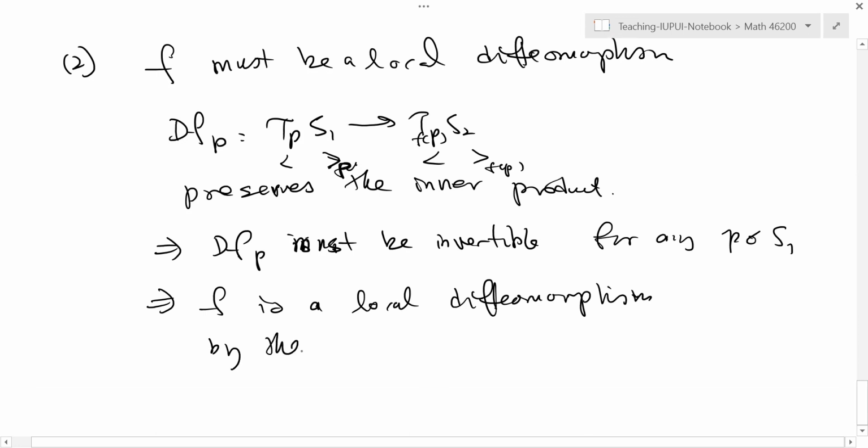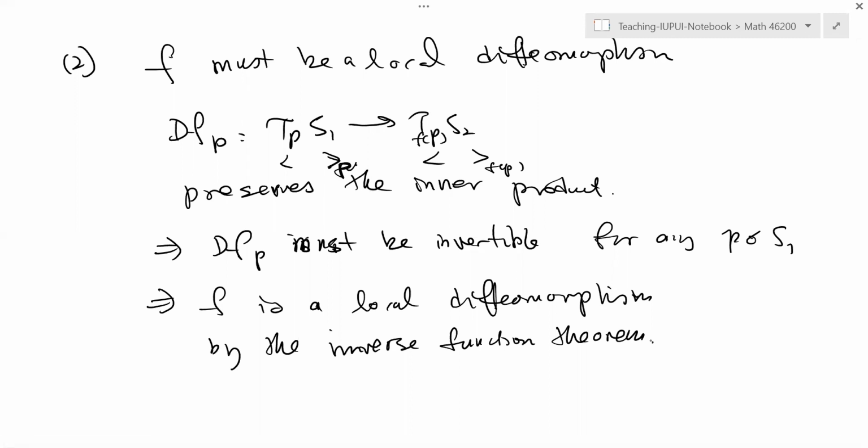This is by the inverse function theorem. A linear map, if it preserves the inner product, why is it invertible? Why can the Jacobian not be zero? If the Jacobian is zero, then clearly you have a zero eigenvalue, and that sends a non-zero vector to a zero vector.